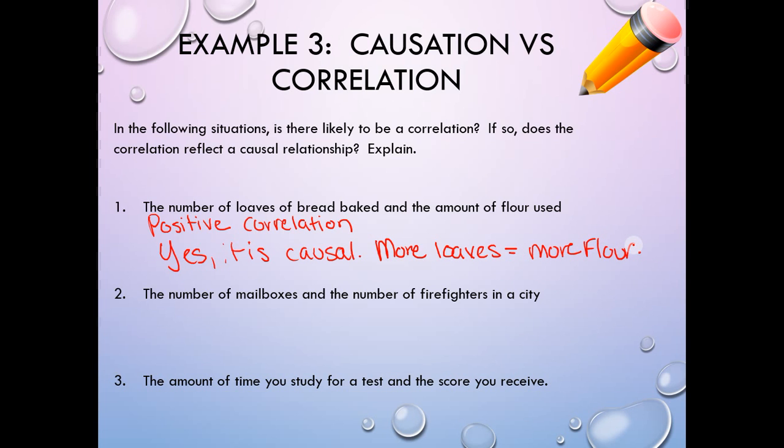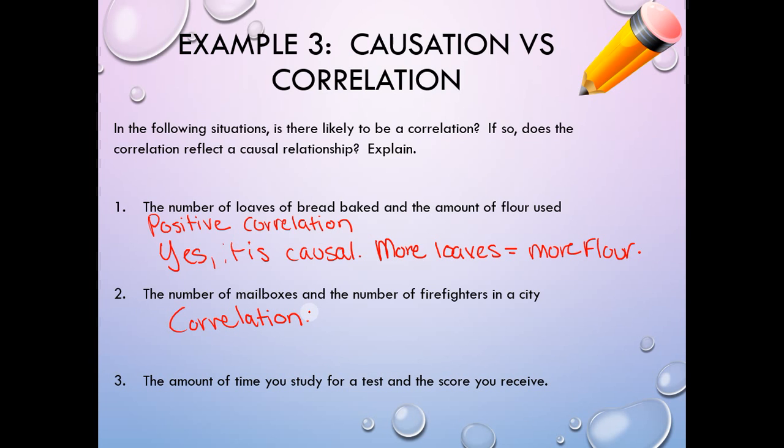Now let's look at this. The number of mailboxes and the number of firefighters in a city. So if the number of mailboxes increases, let's say my city's growing and I'm adding mailboxes, I'm probably going to be adding firefighters too, because I'm going to need more firefighters to fight more fires if my city is growing bigger. So I do have correlation here.